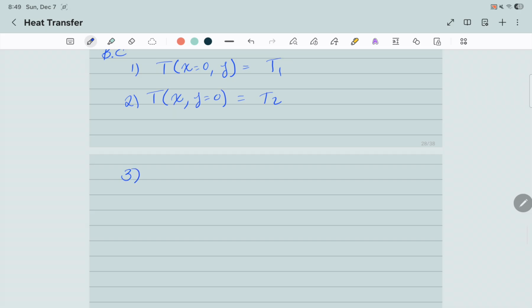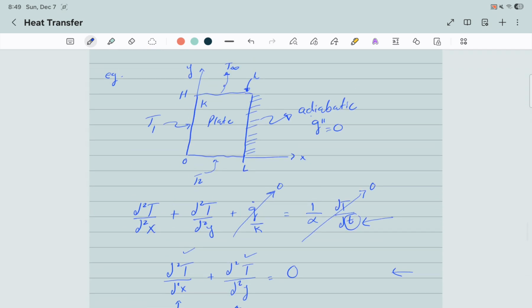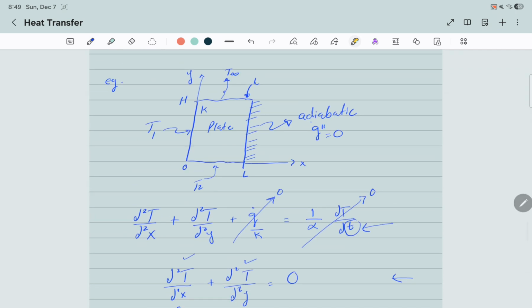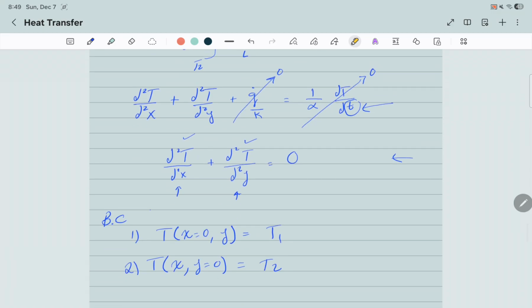Your third boundary condition is that the right side is perfectly insulated, meaning that the heat flux is 0.